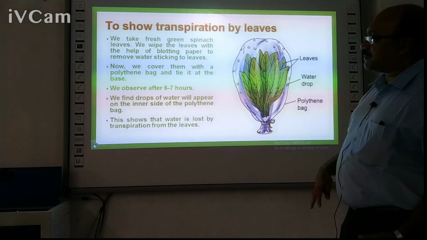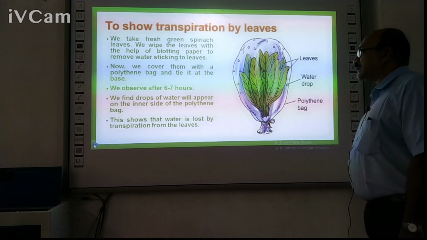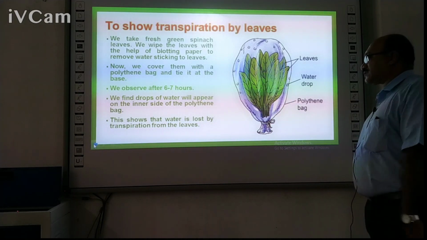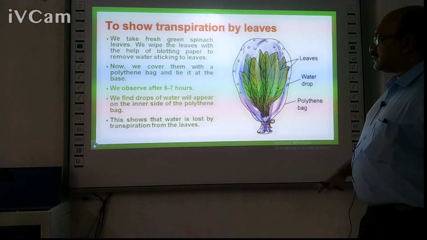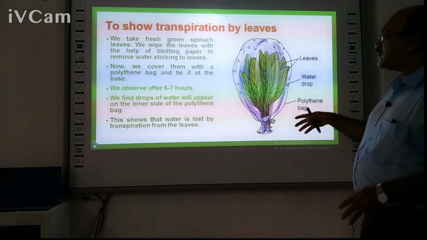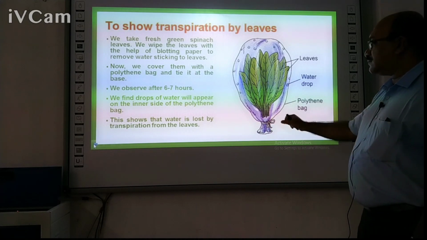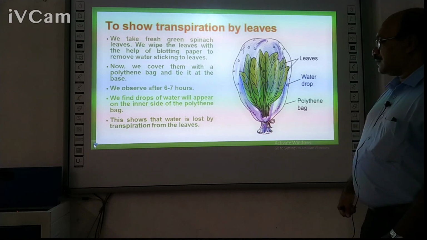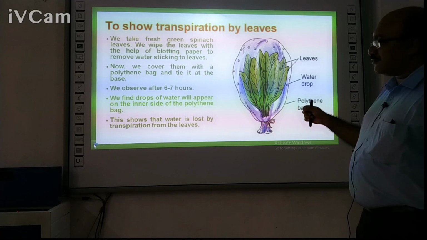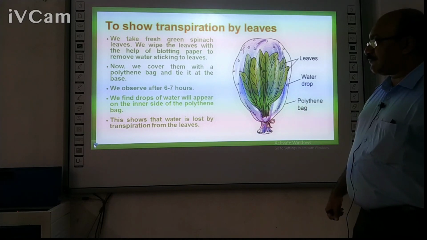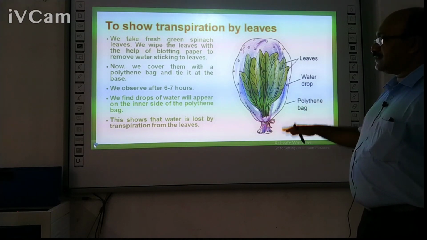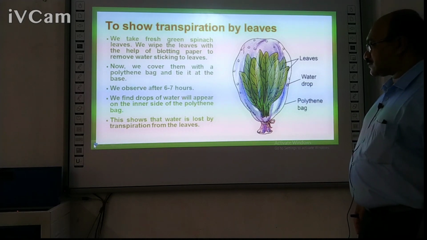Before we start the experiment, we will wipe the leaves with blotting paper so that no water is sticking to the leaves. Then we will put the leaves in a polythene bag and tie the bag properly so that no air can enter into the bag, and leave it there for a few hours.